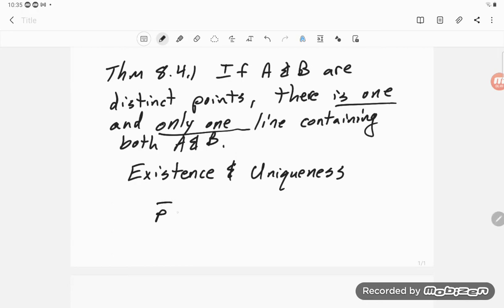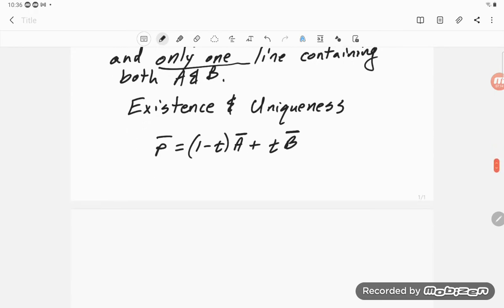They say that our line then is P equal, and they're going to do it a couple different ways. They're going to say (1 minus t)A plus tB. I like that they're doing that. So they give that form.